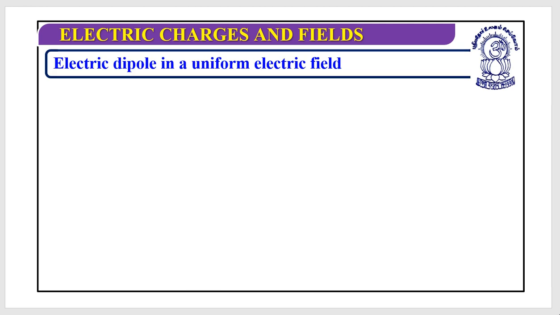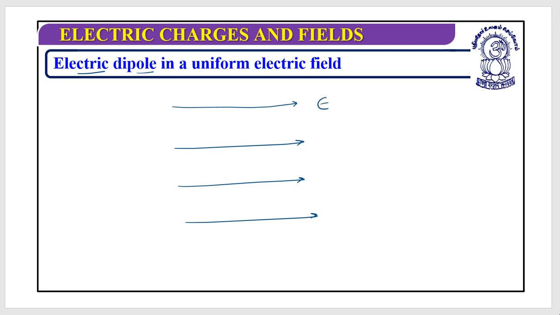Let's begin. First, let us say that what we need to do is put an electric dipole in a uniform electric field. Now you know what a uniform electric field is: an electric field having the same magnitude and direction. Let's say this is the electric field.